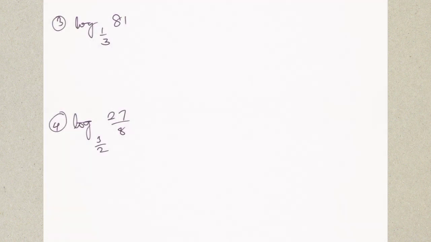Next we have one more question: logarithm of 81 to the base 1 by 3. How can this be solved? 81 can be written as 3 power 4. How do we find this? By doing the prime factorization. Now 1 by 3 is in the form of 1 by a, right? And 1 by a can be a to the power minus m. So in that way I will write 3 to the power minus 1.